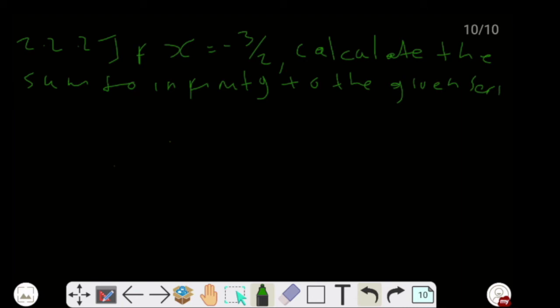First thing that you should do, they say you must calculate the sum to infinity, right?